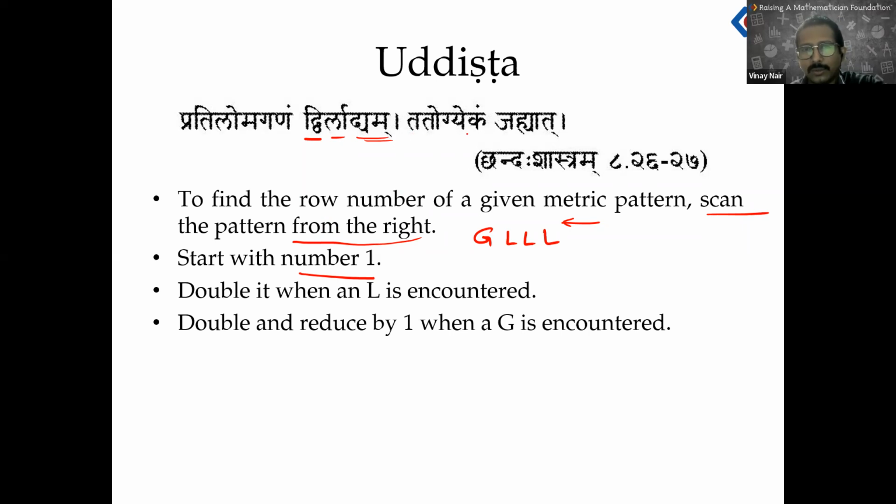Tato ekam. Ga will refer to Guru. Ekam is 1. Jahyat probably is reduced. Tad is that. Okay. So reduce that by 1.